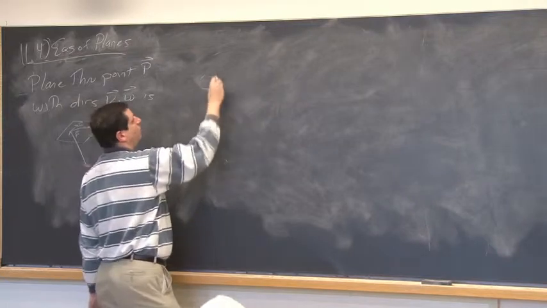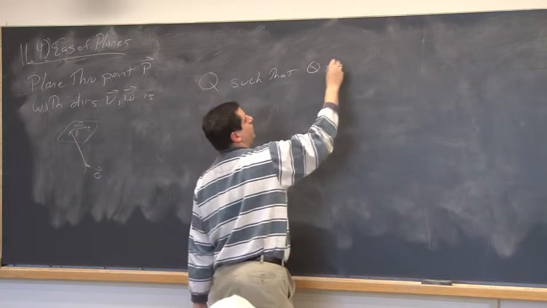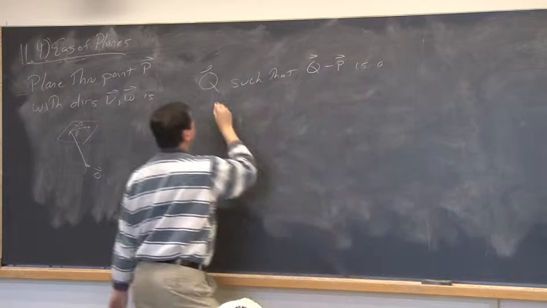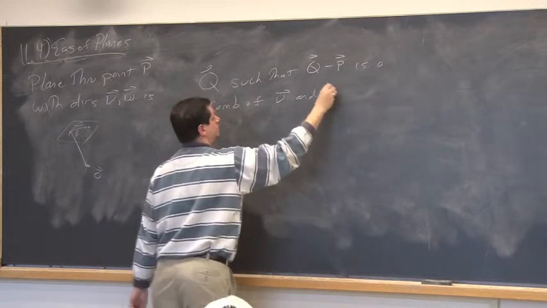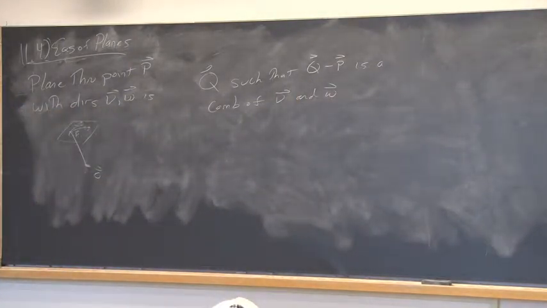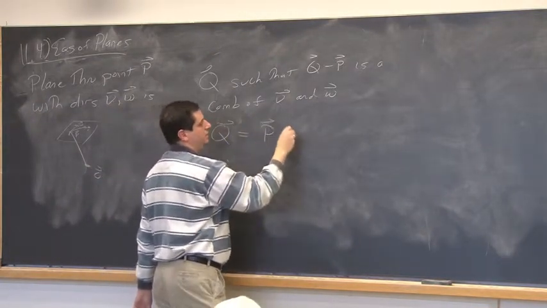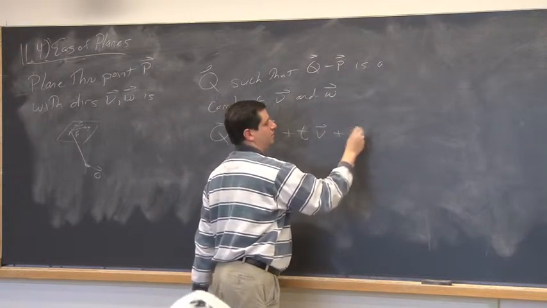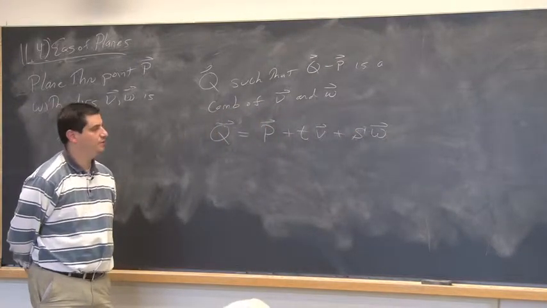So I want all points Q such that Q minus P is a combination of v and w. So what would that mean? That would mean Q is P plus some number of copies of v plus some number of copies of w. And this is one way of writing the equation of a plane.